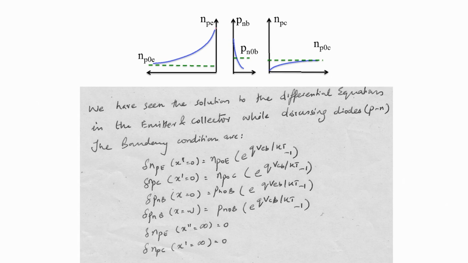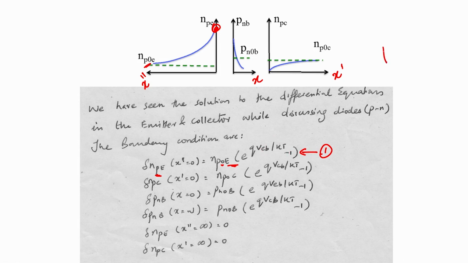So, what we are looking at is n_p in the emitter at x double dash equal to 0. So, that is my x double dash, that is x and that is x dash at this point. So, we are looking at this, and that value is given by boundary condition 1, okay, and we have already seen, we have already applied this boundary condition in the p-n junction diode. n_pOE is the equilibrium concentration, e to the power q V_EB by kT minus 1.